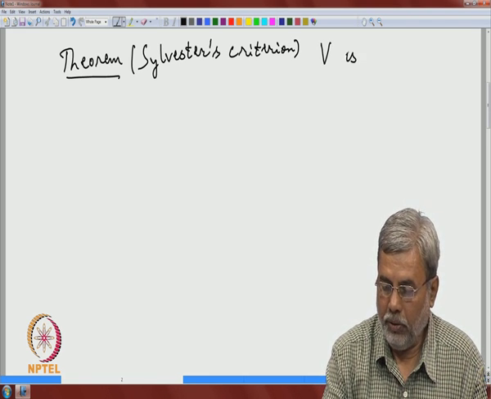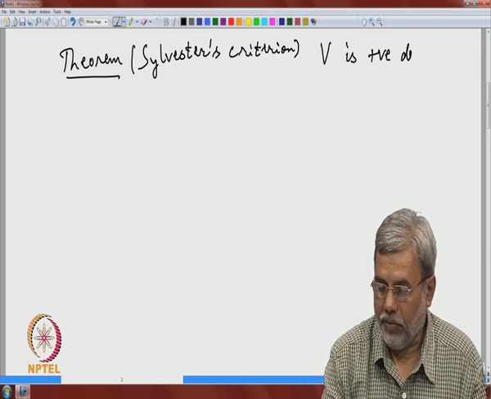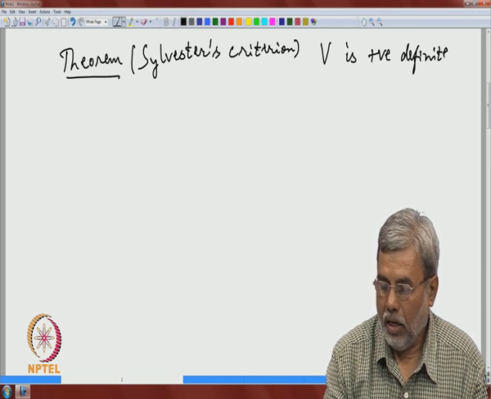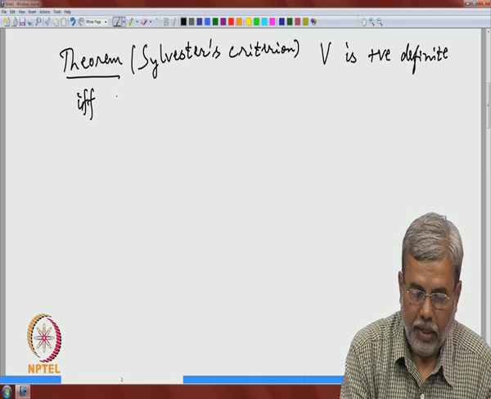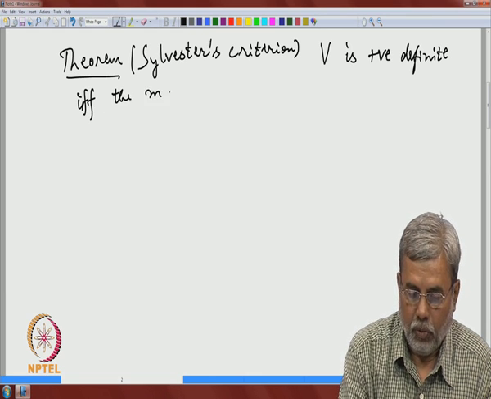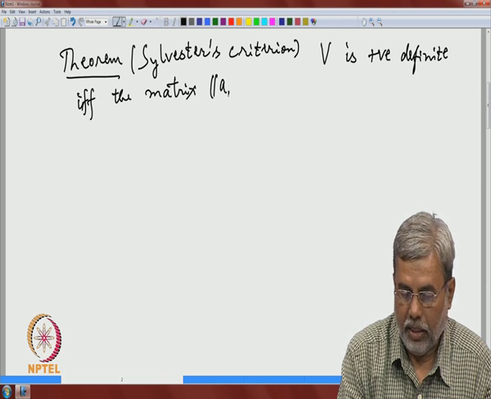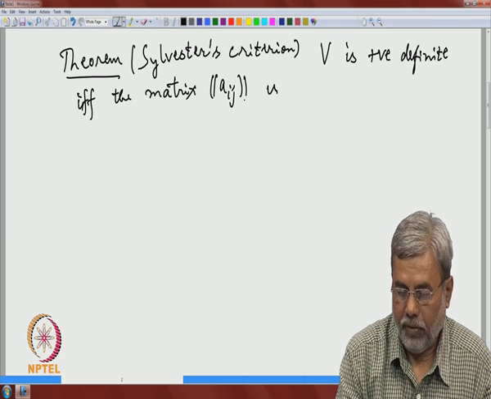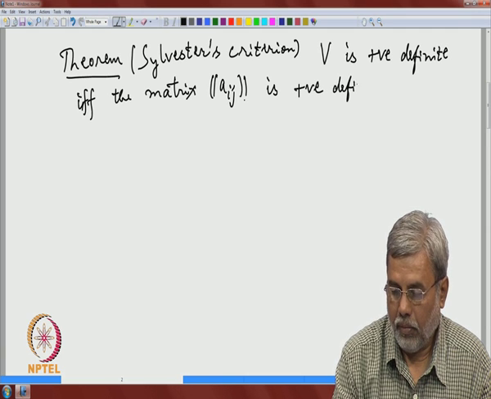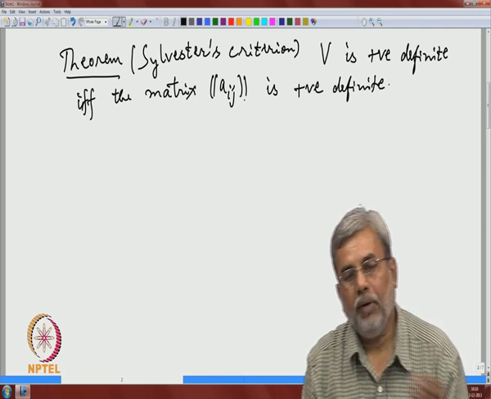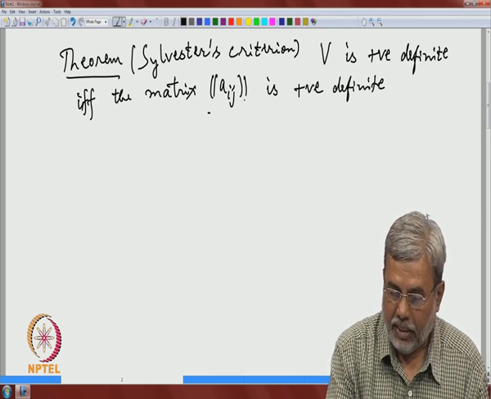So, V is positive definite if and only if the matrix, which is already real and symmetric, is positive definite. And actually the Sylvester criterion describes when this matrix is positive definite.